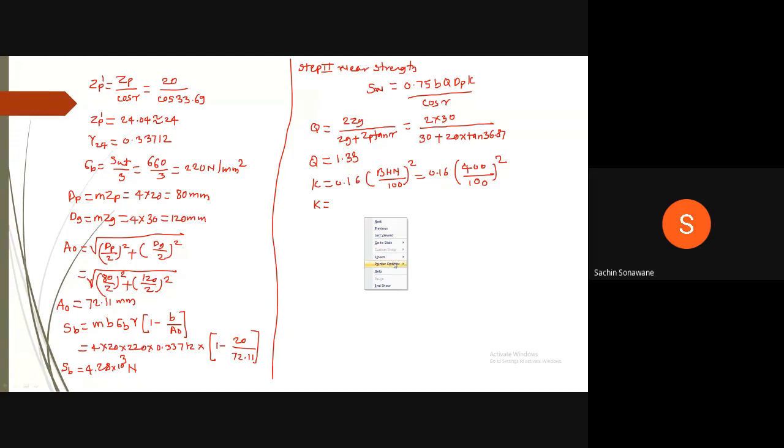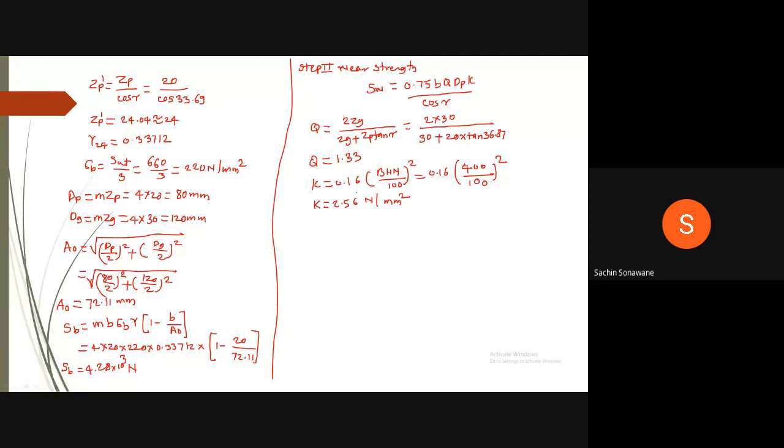Calculate. 2.56. Yes, correct. 2.56 Newton per mm square.